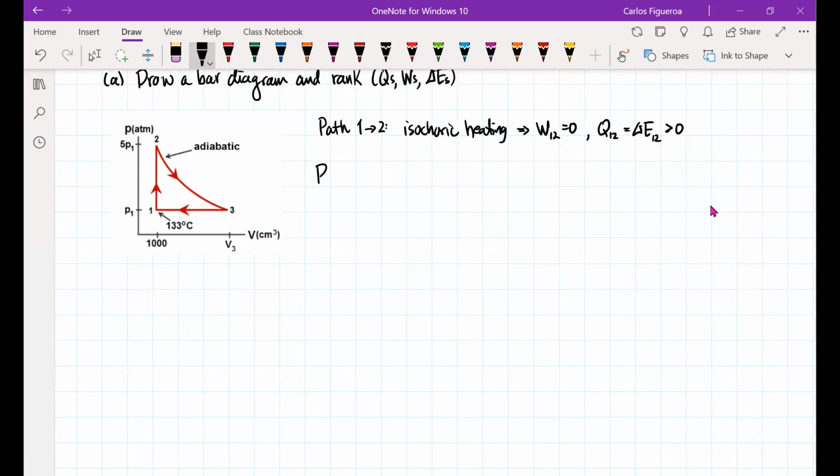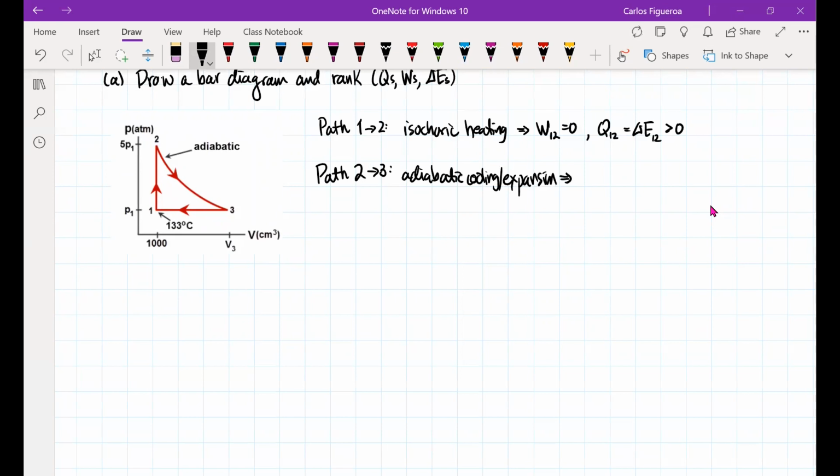Now let's look at the path from 2 to 3. Well, this is an adiabatic cooling/expansion.